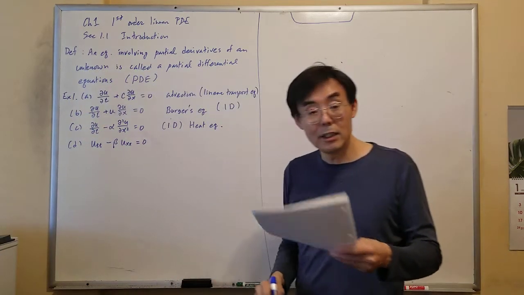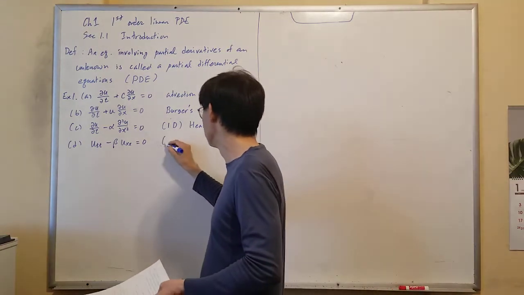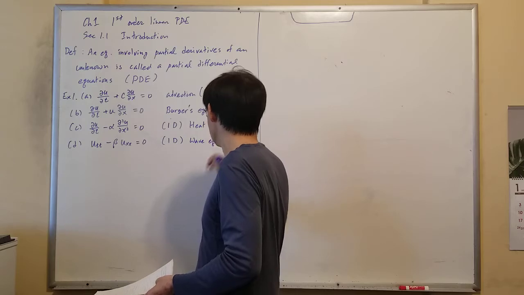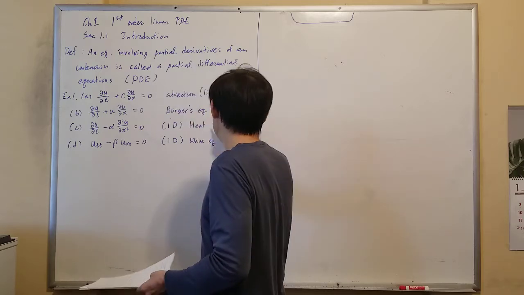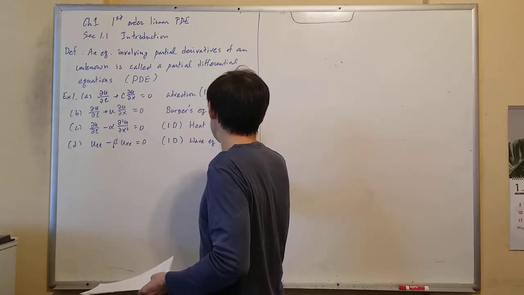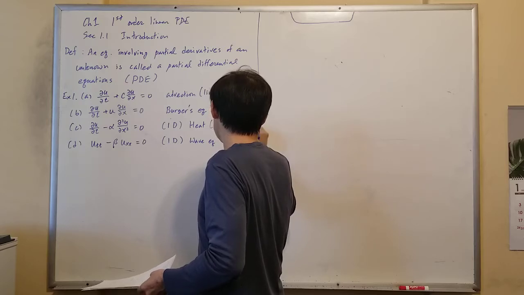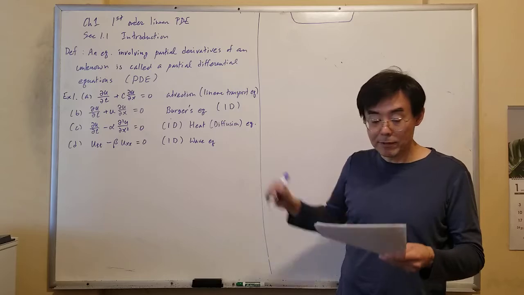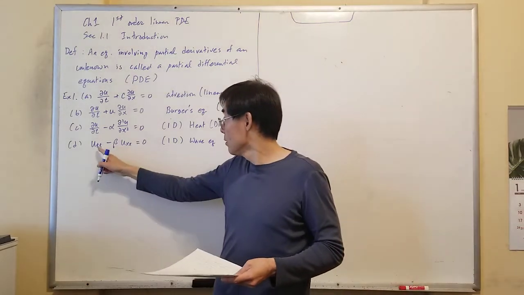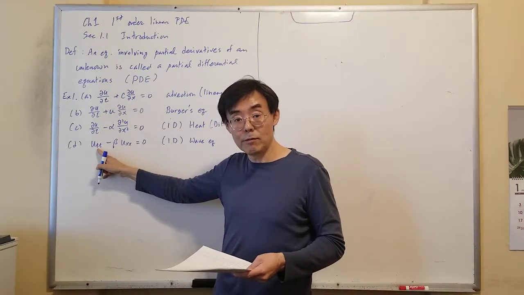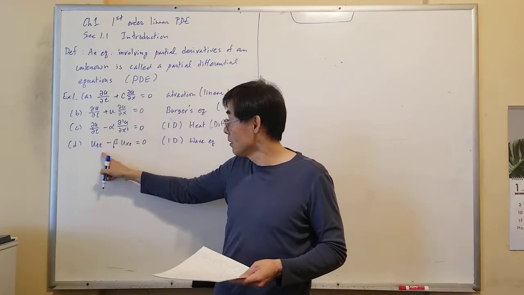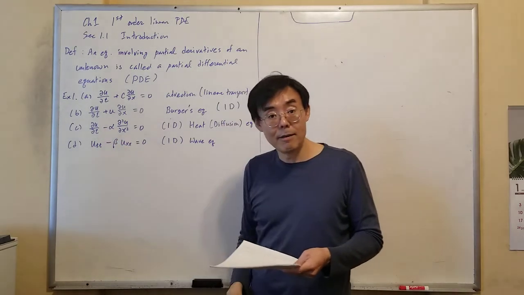This is the 1D wave equation. Sometimes they call the heat equation the diffusion equation. In the wave equation, we have second order partial derivative with respect to t, while in the heat equation it is first order partial derivative. That's the biggest difference between this and that, right?